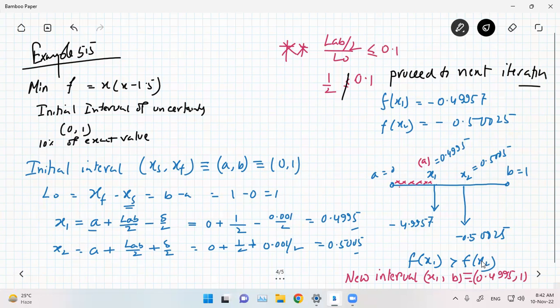Okay, so in each step you can do that. This is one thing, or what you can do is, in the very beginning you can apply this formula, that is Ln by L0, Ln by 2 by L0 has to be less than or equal to 0.1 exact value.